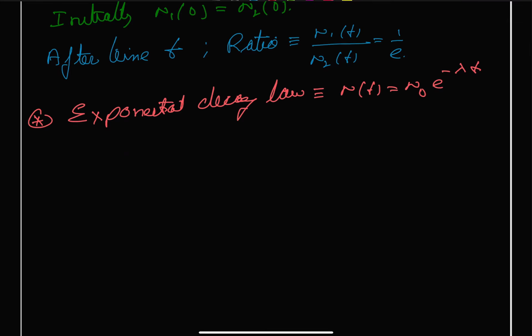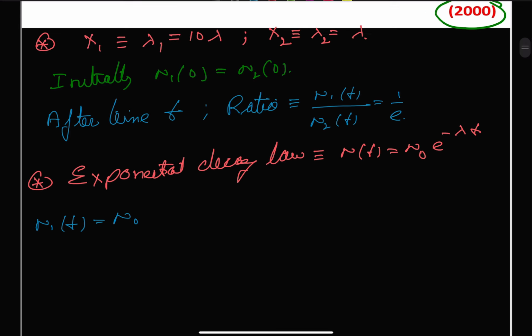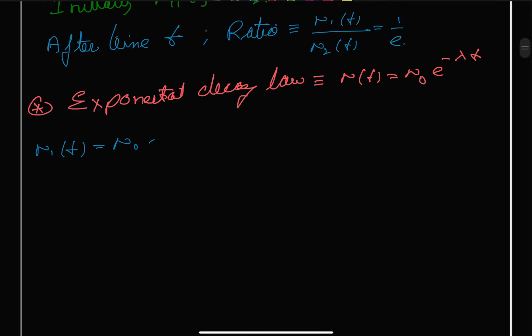So we can write the equation for the first sample as N1t is equal to N naught, and we can just assume that they have an equal N naught because they are the same. N naught e raised to power minus lambda 1 t, and for the second one we can write N2t is equal to N naught e raised to power minus lambda 2 t.